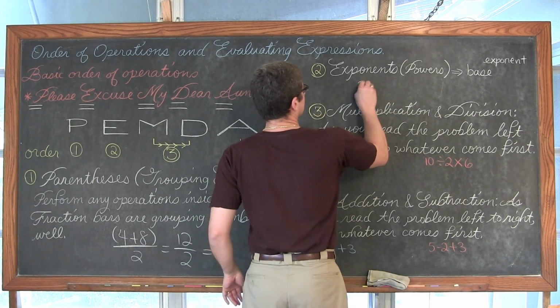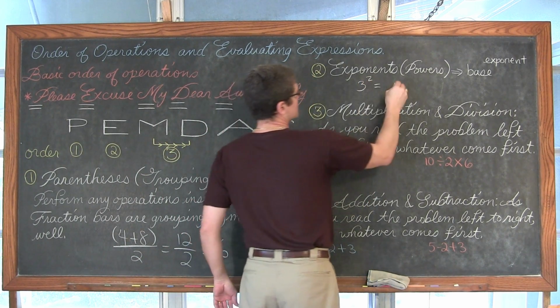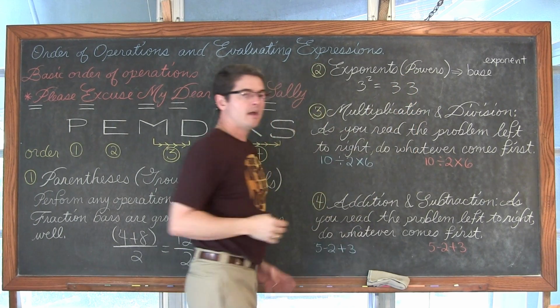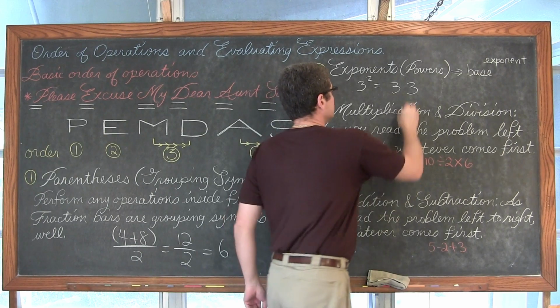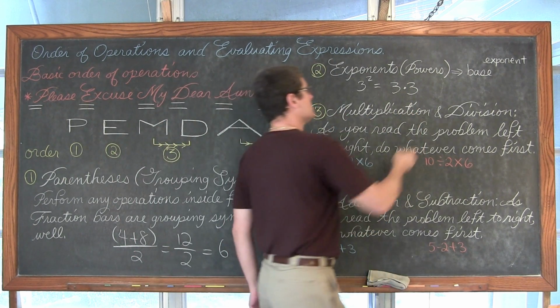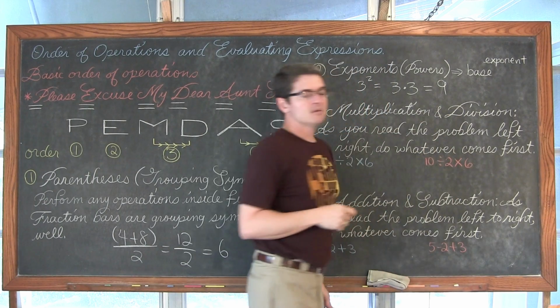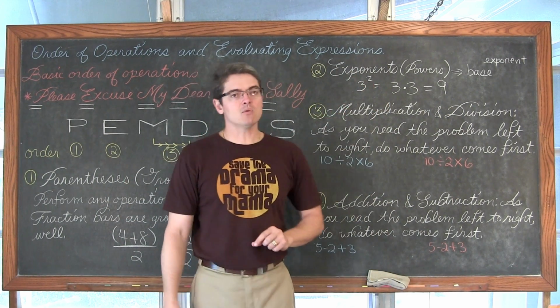So if we have 3 squared, that means that we have 2 of these bases of 3, and I'm going to write it twice, and we're going to put multiplication in the middle of it. So 3 squared is 3 times 3, which is equal to 9. So parentheses first, clean up inside, then you go to your powers or exponents.